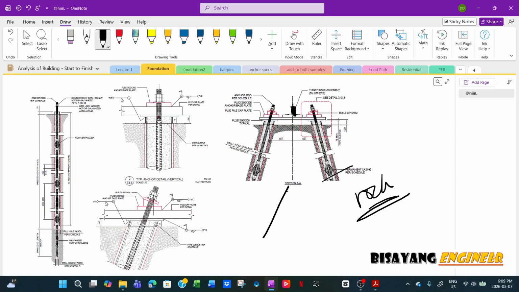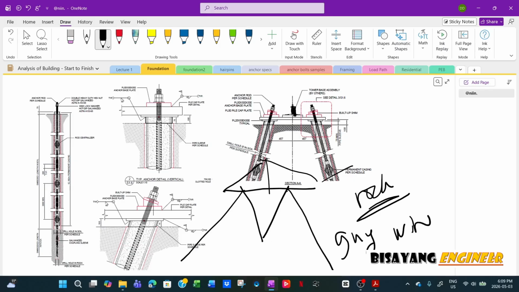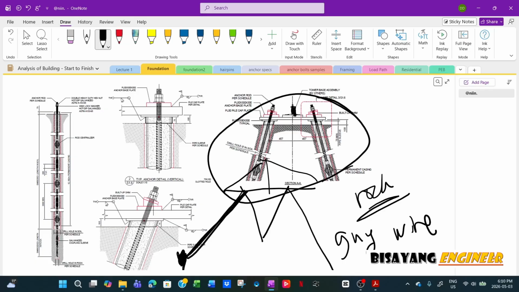So if this is the lattice tower, whatever the shape of the lattice tower, and then this one is the guy wire. Right here in the foundation for this anchor, we use this type of foundation if it is on rock, like real rock.